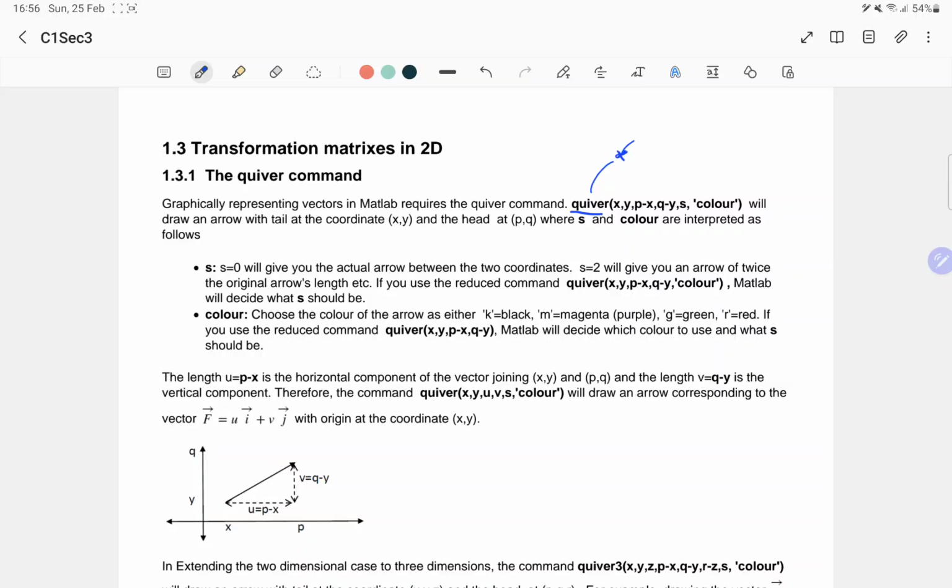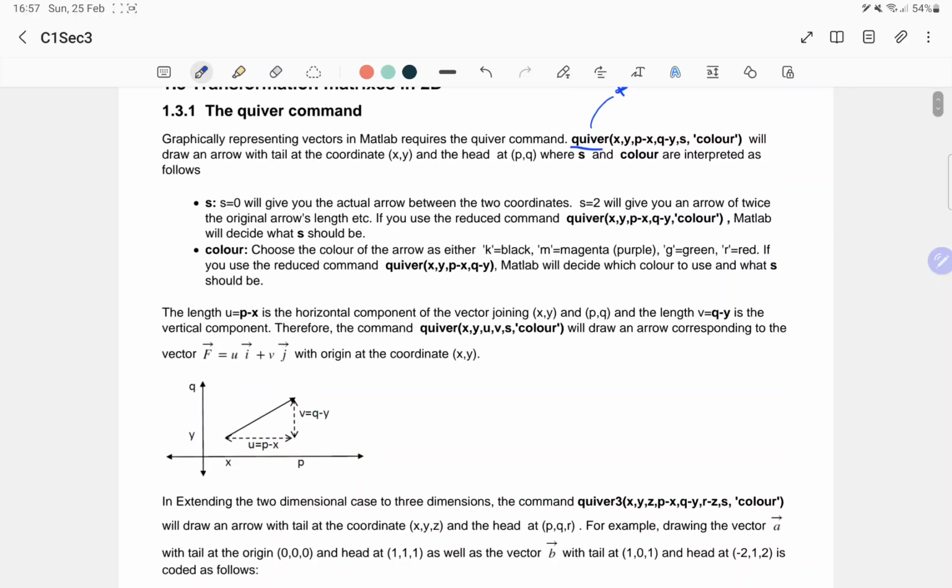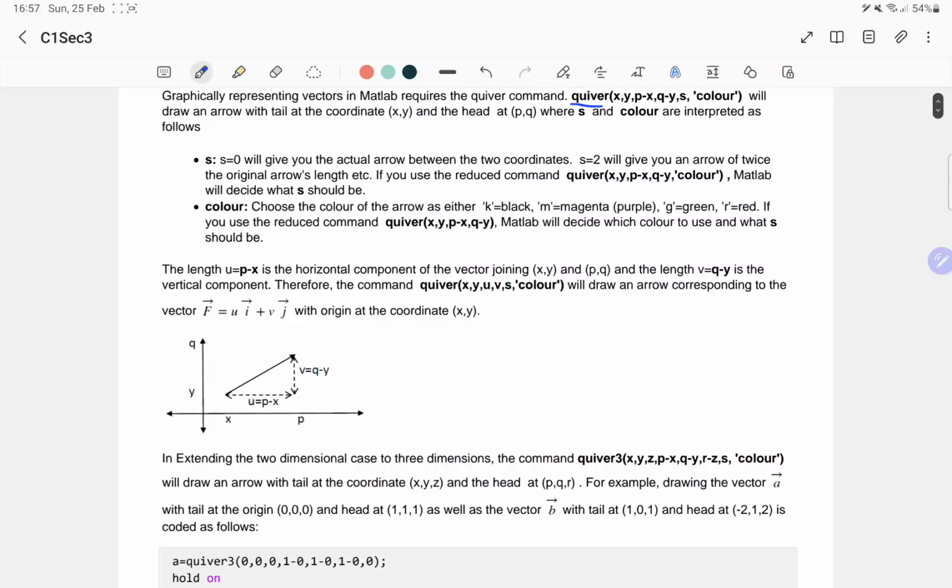This visual representation aids in understanding the behavior of the vector field, and it enables us to analyze its characteristics more effectively. So let us look into the syntax and its usage.